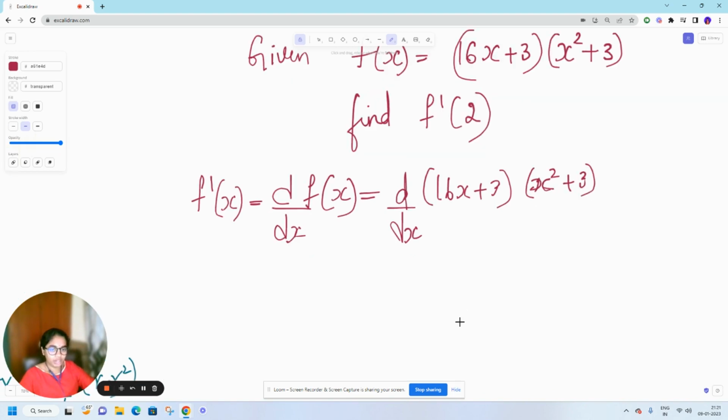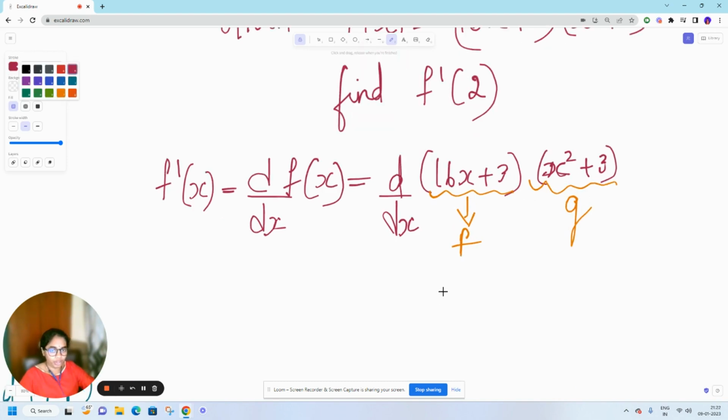Okay, so now what do we have in place of f? We have 16x plus 3. In place of g, we have x square plus 3. Yes, so what should I do now? I'll apply the product rule. How do you apply the product rule?